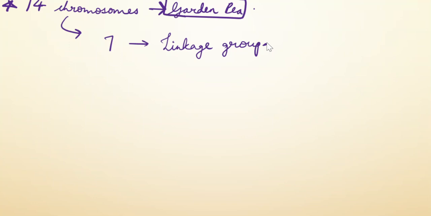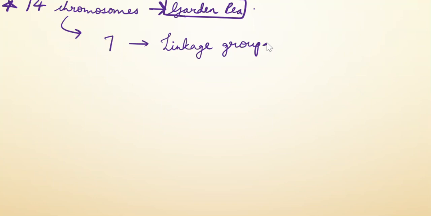He did the experiment on Drosophila and found some variation in the dihybrid ratio. We will speak about Morgan's experiment someday, but for now we are going to end the linkage part here, and we will start Mendelian genetics.